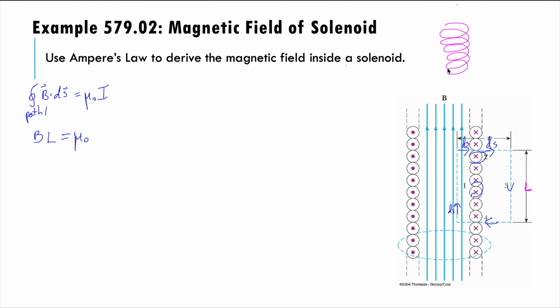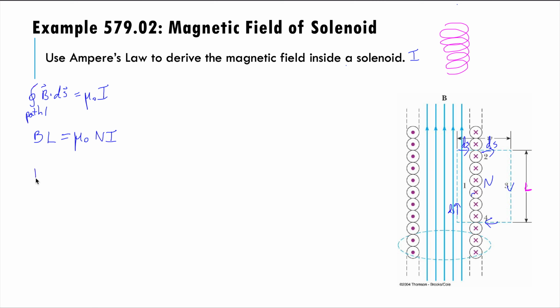So if the solenoid is carrying a current I, then we have 1, 2, 3, 4, 5, 6 times I, but let's just say that we have N loops within our Amperean loop. Then the current enclosed, or the current penetrating, is going to be N times I, where N is the number of loops enclosed within that Amperean loop.